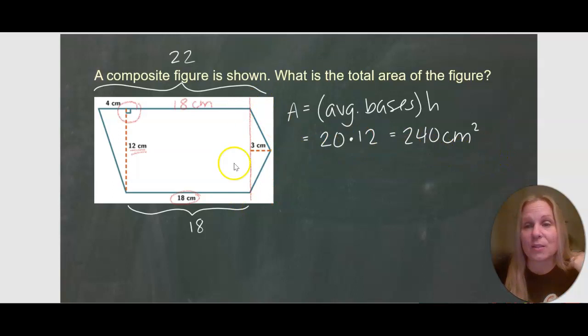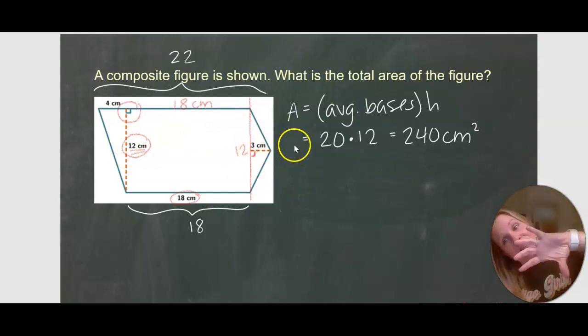Now I've still got this little triangle over here. So the base and the height, remember, are perpendicular. So here's my right angle right here, right? Which means this long line that I drew in is my base. I'm going to get that measurement from looking at the other side of the figure. So this has a base of 12 and a height of 3.